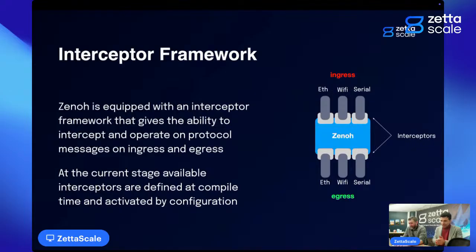And the other nice thing is that, as you know, Zenoh supports multiple kinds of links, and as a consequence, potentially we are brought to communicate through different kinds of interfaces, virtual or physical, and you can have interceptors that apply to specific interfaces, either on ingress or egress.